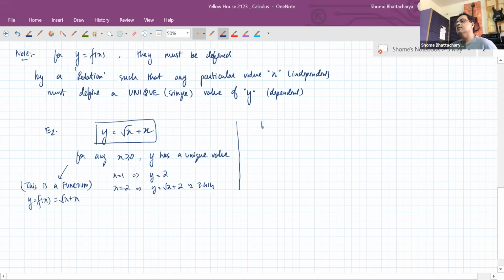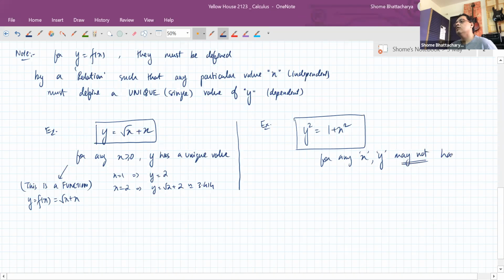But now if I take that example which I was talking about earlier, that y square is equal to, let's say, 1 plus x square, now what happens here is, for any x, y may not have a unique value. In fact, in this case, it does not have for all values of x.